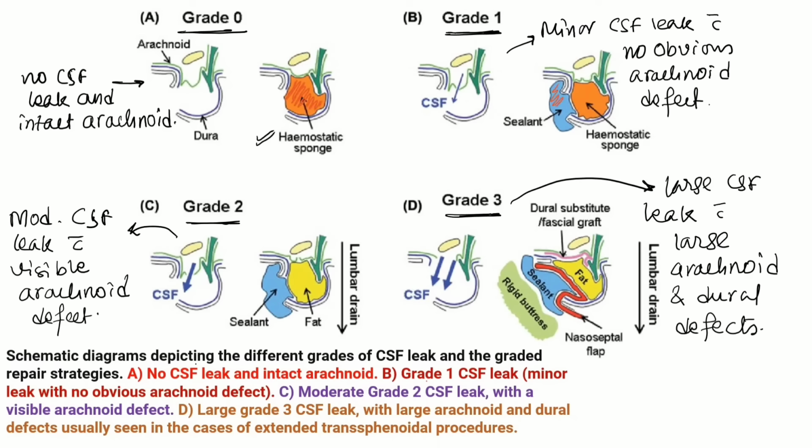In grade 1 only sealant can be used to seal that minor CSF leak. Grade 2, not only the hemostatic sponge, rather along with the sealant we have to use the fat pad. And grade 3 is the case where we may require multilayer repair of that defect using fat, nasoseptal flap or fascia lata, then the sealant, that is the fibrin glue, and lastly a rigid buttress can also be used.